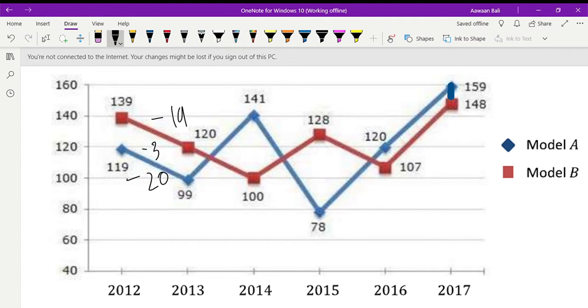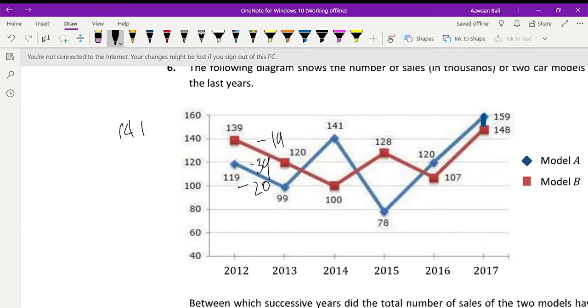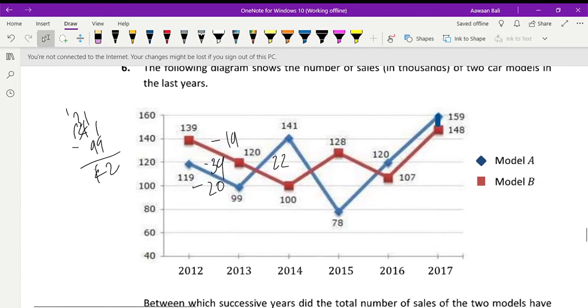That's minus 39 altogether. So that's the smallest, definitely. Meanwhile, in the second one, we have 141 and 99, which is 42, and then we have minus 20, so 22. That's small, but it's better than the other one.